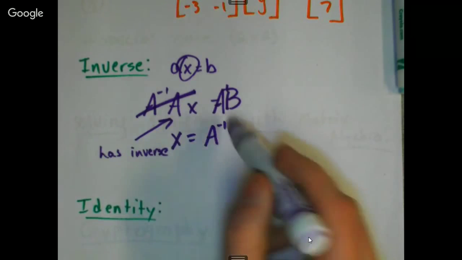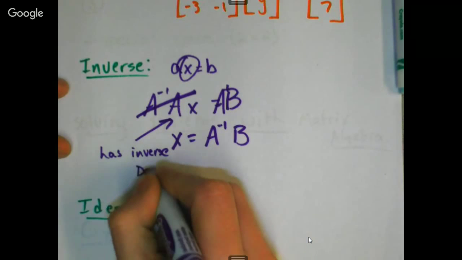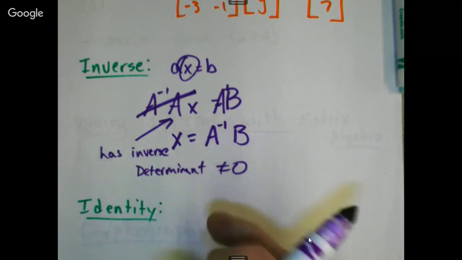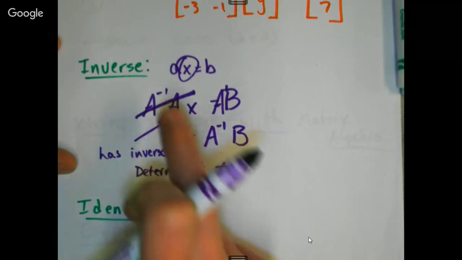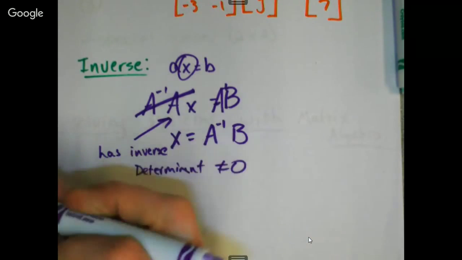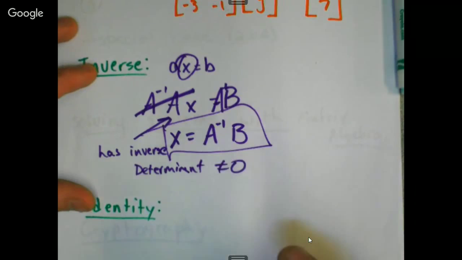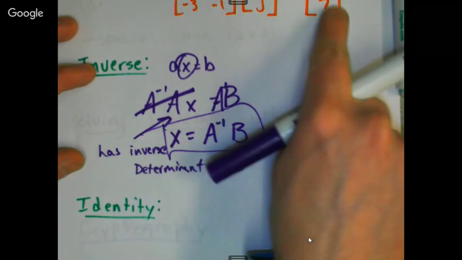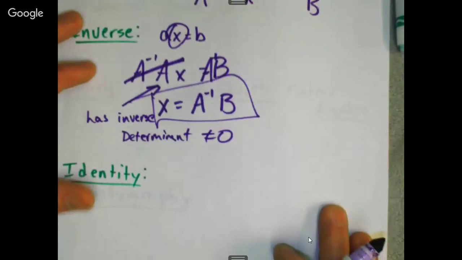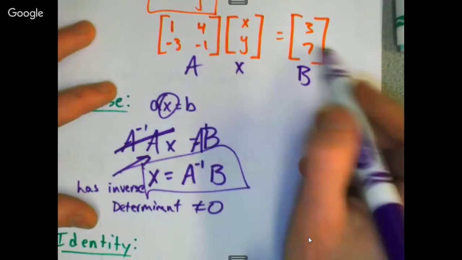In order for A to have an inverse, the determinant cannot be 0. If it is, we can't solve it this way. Most examples, it will not be 0. Then we will just find out what the inverse is and multiply it by B. This was A, X, and B. B is your answer. So in this case, we would take the inverse of this and multiply it by that.